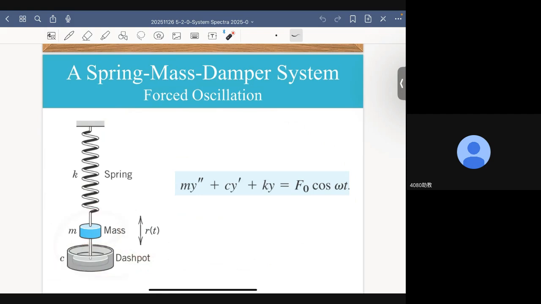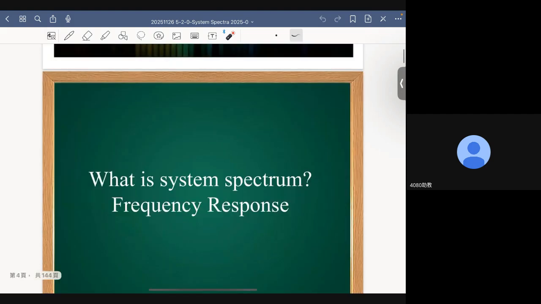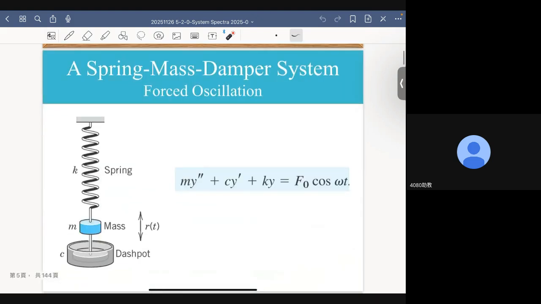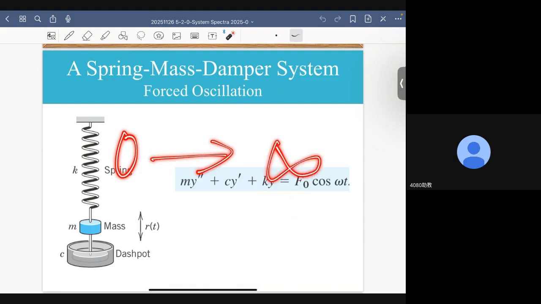And in this particular case, when our attention is on the frequency response of this spring mass damper system, the input force is this sinusoidal signal, which has an amplitude of F0 and a variable frequency omega, which means omega is a parameter whose value can be changed, for example, from 0 all the way up to infinity, okay?